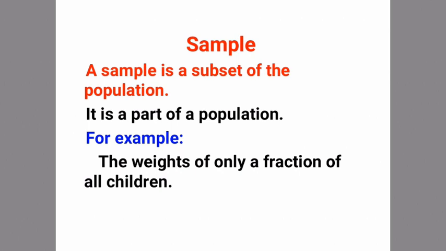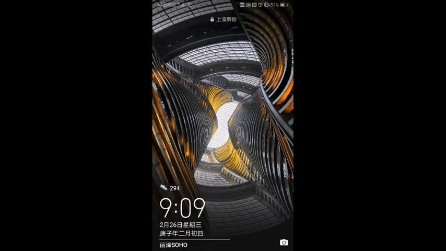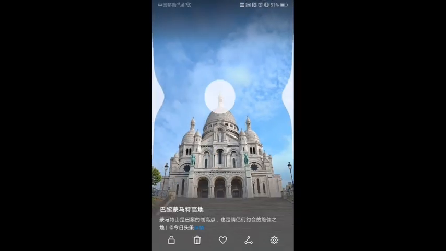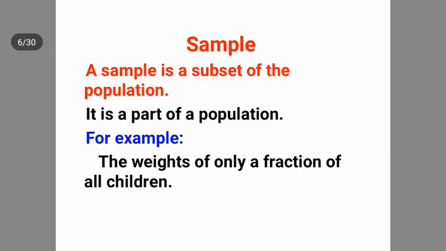The weight values of 1,000 students are the population, but we just measured the weight values for 200 students. Now the weight of those 200 students is our sample. So the sample is just a subset of the population.